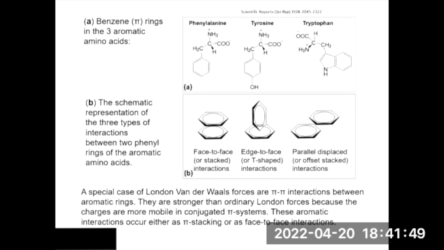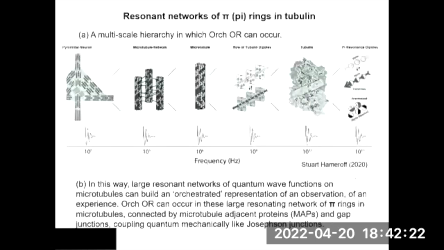And so you get very big networks, or anyway you have the possibility to get very big networks of synchronized coupled activity along all these pi rings in the amino acids, and then over the different tubulin molecules in the microtubule, and then perhaps with gap junctions to other cells.